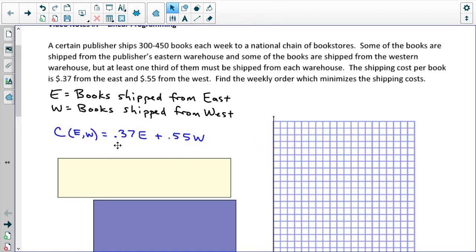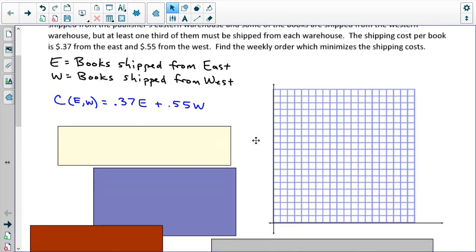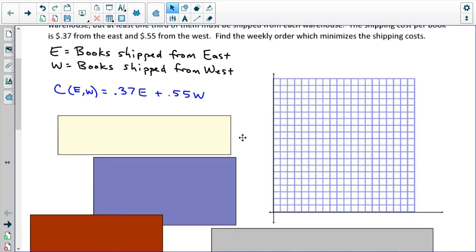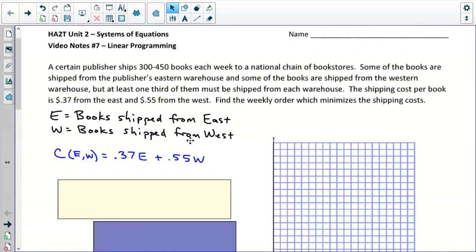The cost function is 0.37E plus 0.55W. Again, I could use X and Y or whatever. I just decided to use different variables this time to give us a little more practice with that.